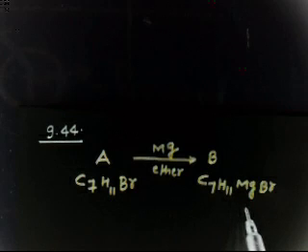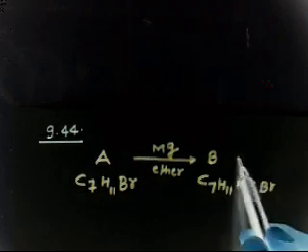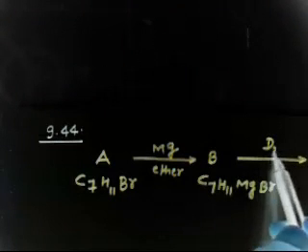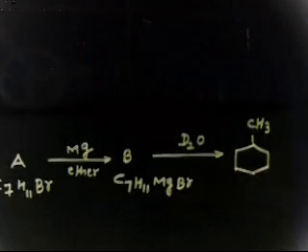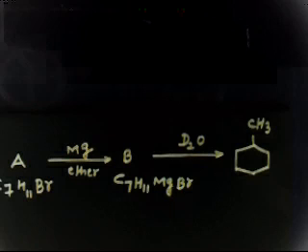Now everybody knows a Grignard reagent reacts violently with D2O. Now B reacts with D2O. This is an acid-base reaction to give 1-methyl cyclohexane. So now I have 1-methyl cyclohexane, and I know the skeleton. 1-methyl cyclohexane is this.